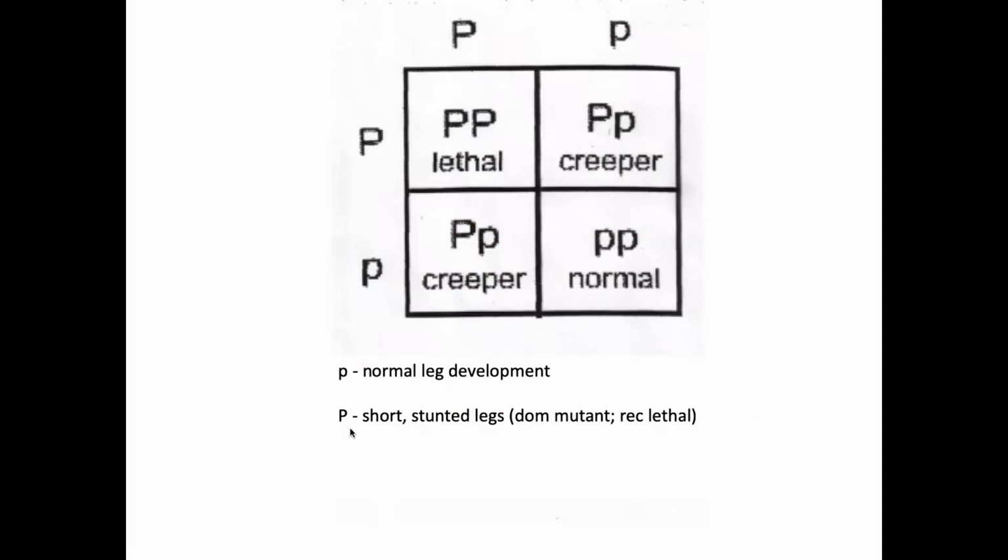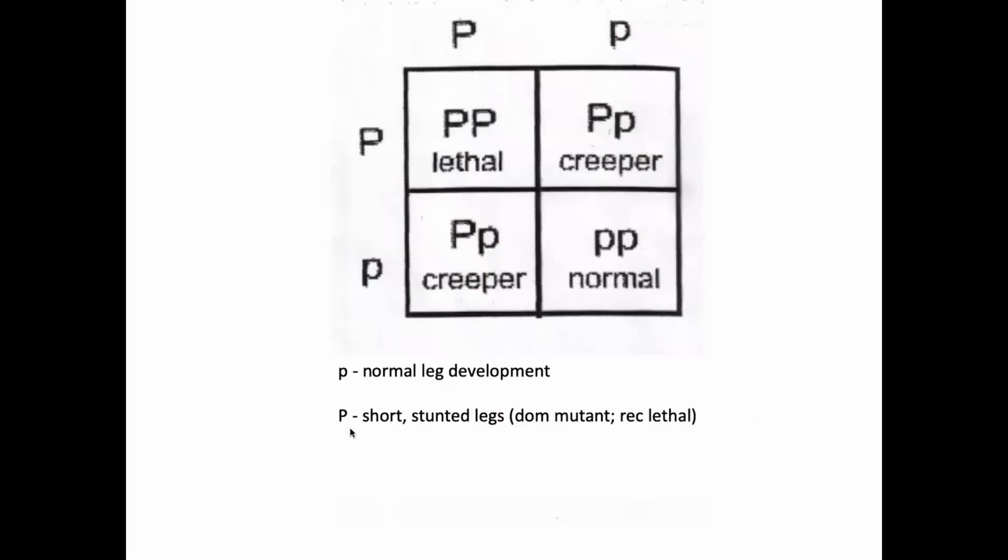So what happens if you cross two creepers, two heterozygous individuals? Well, the progeny will segregate 2-to-1, 2/4 that are creepers and 1/4 that are normal leg formation. So again, what does that 2-to-1 phenotypic segregation ratio suggest?